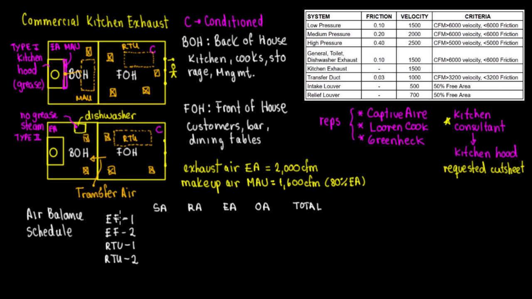For example, exhaust fan 1 and 2. Why am I putting 2 exhaust fans? Because this is very general. You're going to need an exhaust fan for sure for the kitchen, for the type 1 kitchen hood. So this is going to be an EF1. Remember, if you need exhaust, you need an exhaust fan, obviously.